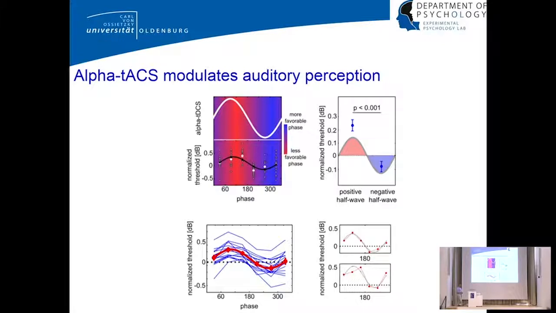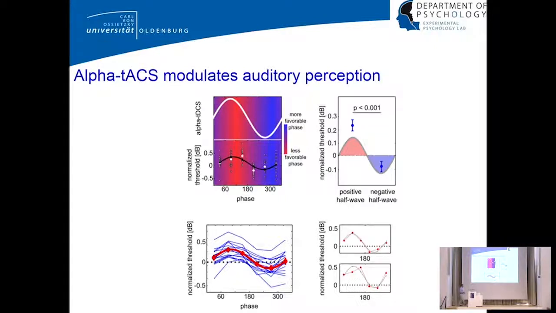We couldn't use an ANOVA because, of course, the average of a sine wave is 0, and therefore what we tried to do is we tried to fit a sine wave into the data, which is shown here. So you see each single subject in blue, and then you see the mean fit in red. And here I took out 2 of the subjects so that you see that the sine waves that we fitted, which are shown in black, resemble the data points which are shown in red pretty nicely.